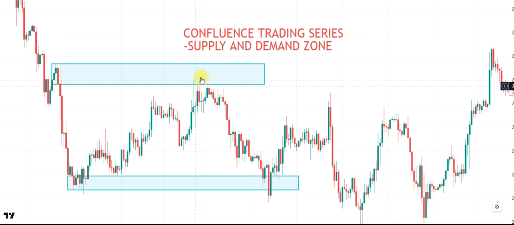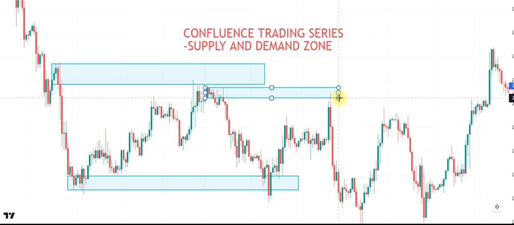But because we saw that the market could not break this zone, it means it is going down. So once the market reaches its previous demand and supply zone, it gets some push-ups, some struggle, and then again went up. And when it went to its previous high, we have to mark our new demand and supply zone, because after hitting its previous demand and supply zone it got rejected and went down.